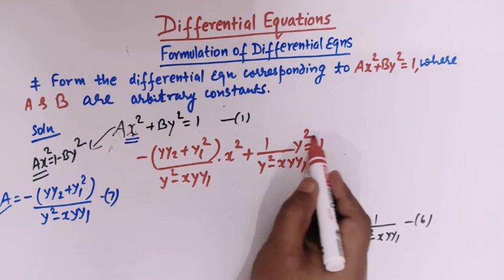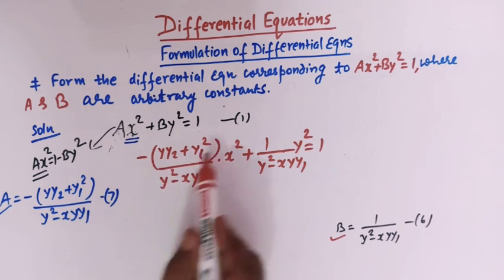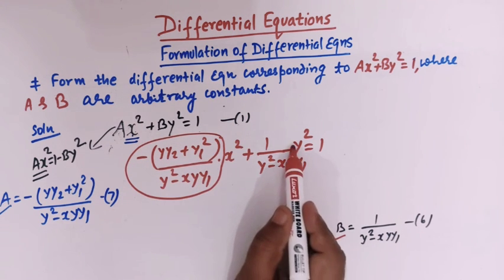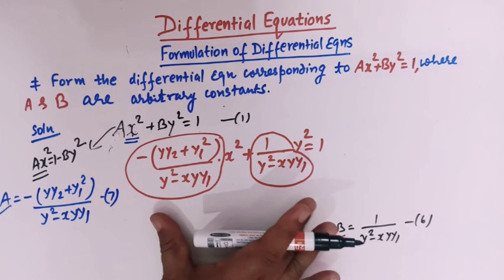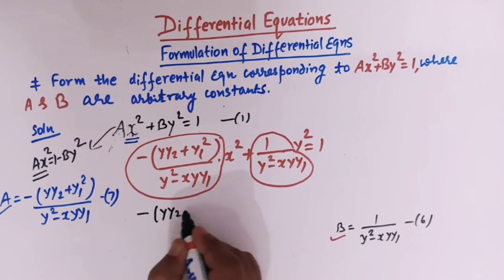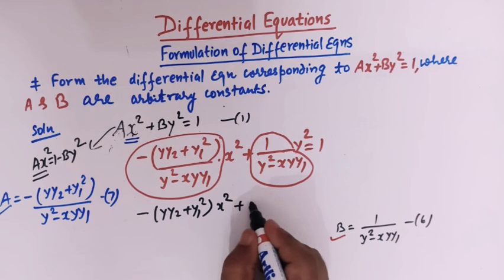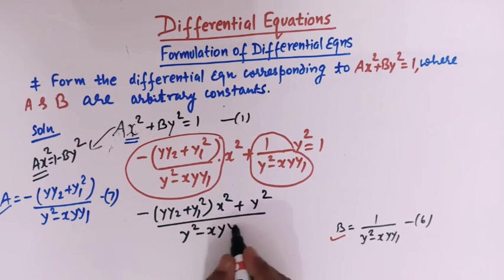So this is the value of a, and this is the value of b, right? So now we'll simplify this expression and we'll have [-(y y2 + y1²)x² + y²] divided by (y² - x y y1) equal to 1, right?